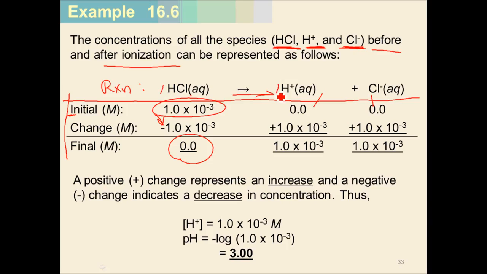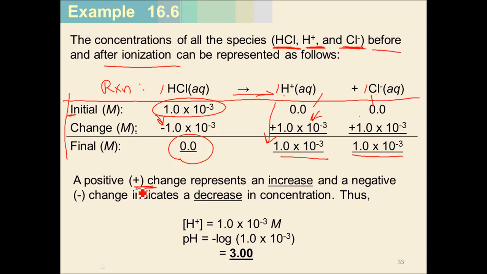Because there's a 1-to-1 mole ratio here of hydrochloric acid to your hydronium ions and your chloride ions, your change line will be plus 1 times 10 to the minus third molar for each of these. For the final concentration, you add up these lines vertically and you get 1 times 10 to the minus third for both the hydronium and the chloride ion.